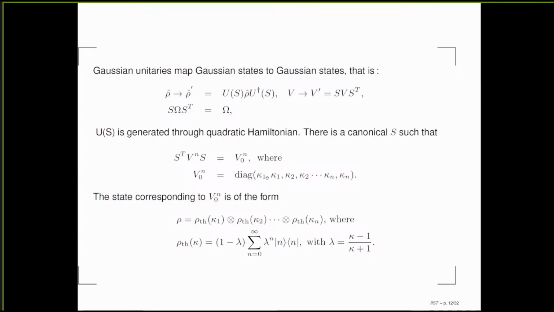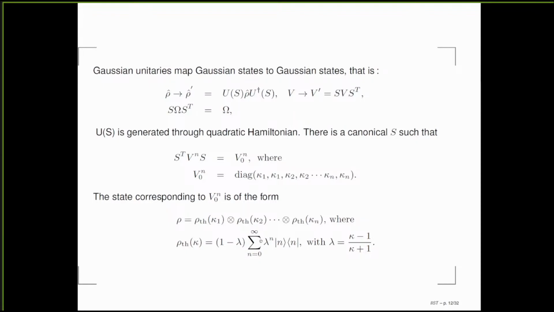So these constitute the variances in the canonical quadratures, like some canonical Q1, P1, Q2, P2, and so on. And if you write the corresponding state down, this diagonalization factorizes the state into a product of n thermal states, and in the Fock basis each thermal state can be described through this expansion in the Fock basis. And this is the connection.